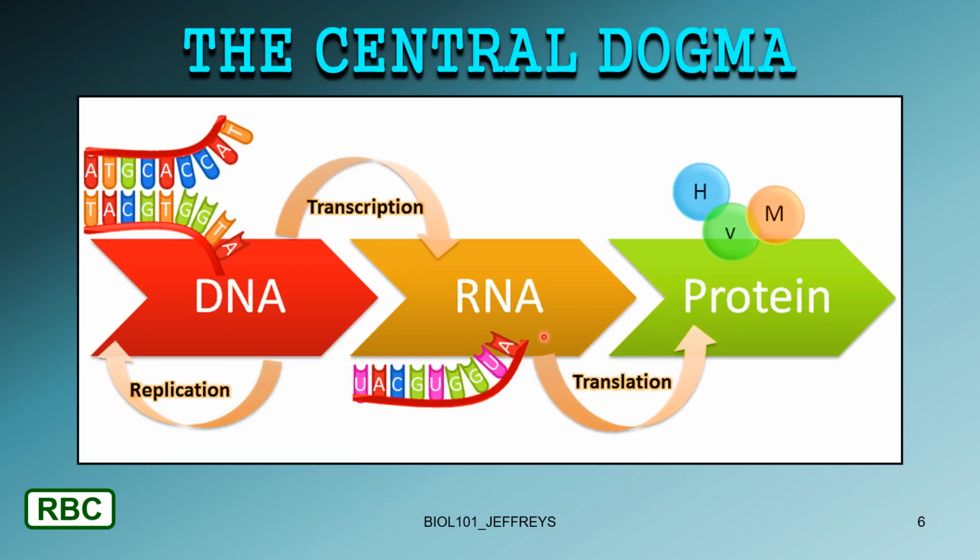Now, I've shown you this illustration before, and we'll learn more about it in Chapter 15. And you'll recall the central dogma just describes the transfer of information in one direction from double-stranded DNA to single-stranded RNA and ultimately to protein. And this is really where we want to get to, because everything that you are and everything that you think and what you look like, all of that is derived from protein.